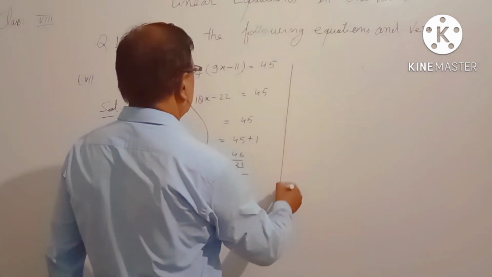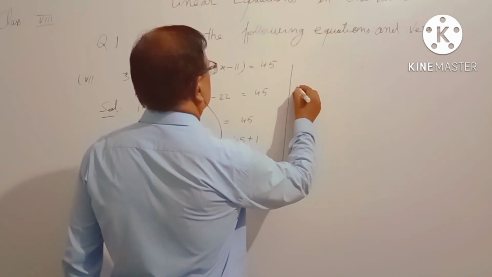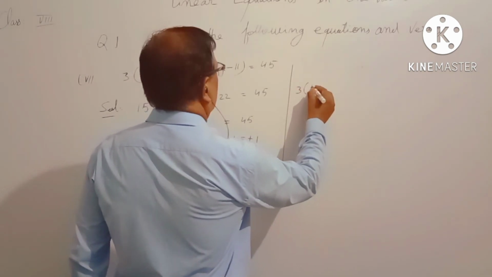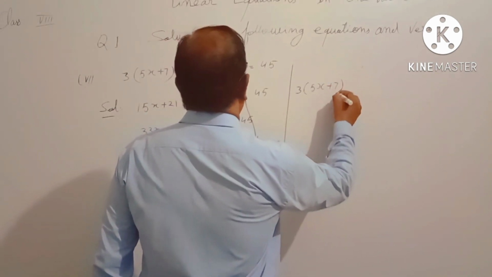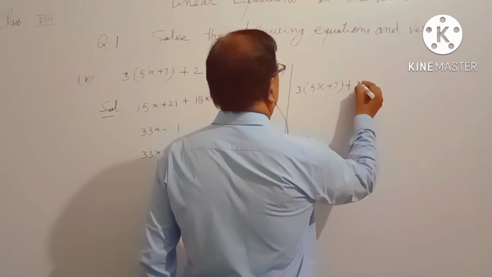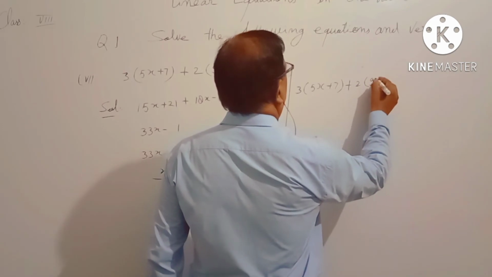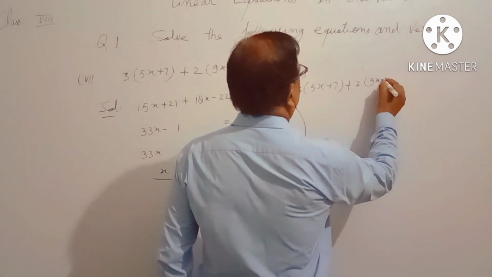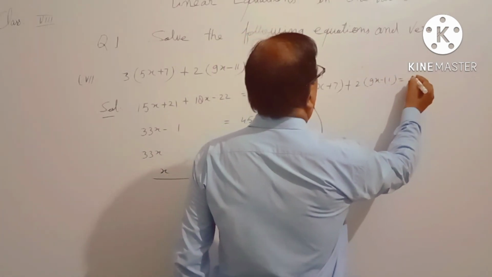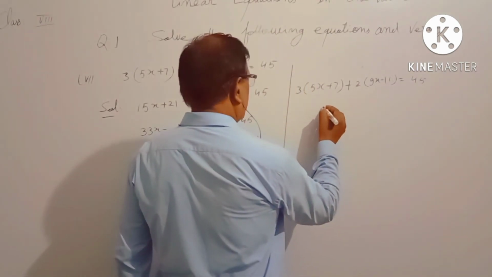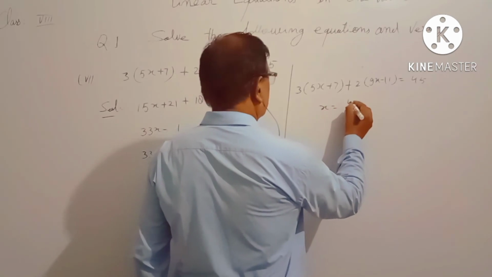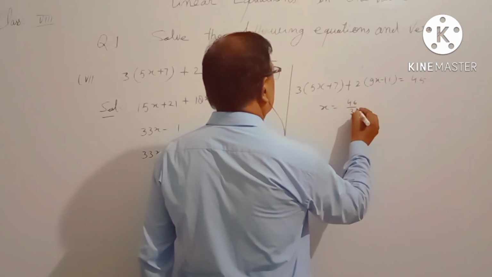Now we will write it again as 3 into 5x plus 7 plus 2 into 9x minus 11 equal to 45. Now we will put the value of x as x equal to 46 by 33.